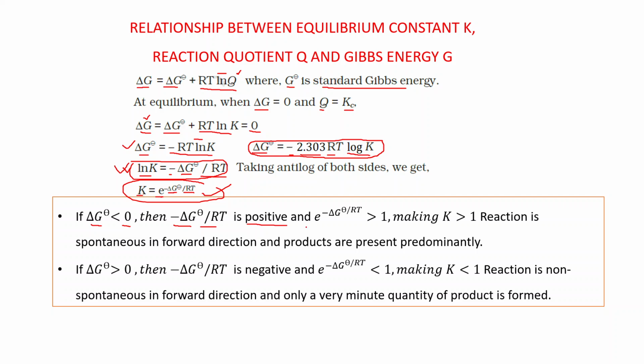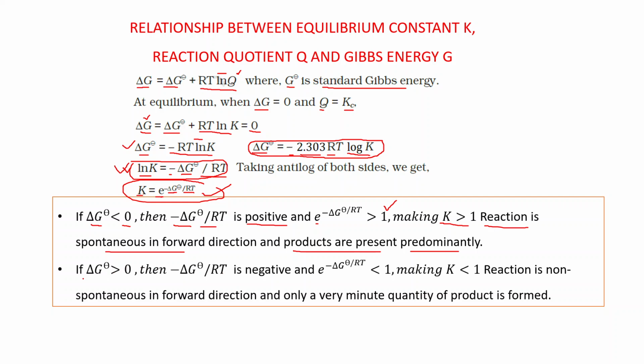And when this is positive, e raised to the power minus delta G standard by RT is greater than 1, and so K will also be greater than 1. So we can say the reaction is spontaneous in the forward direction and products are present predominantly. This relationship correlates delta G with K.